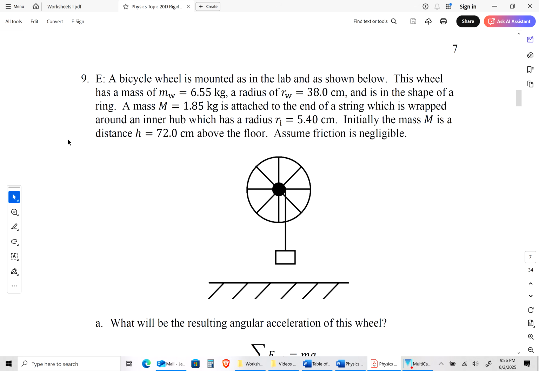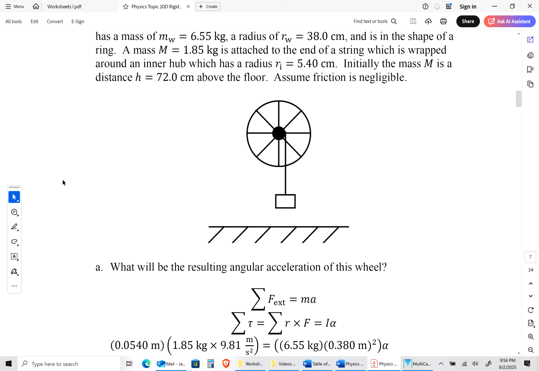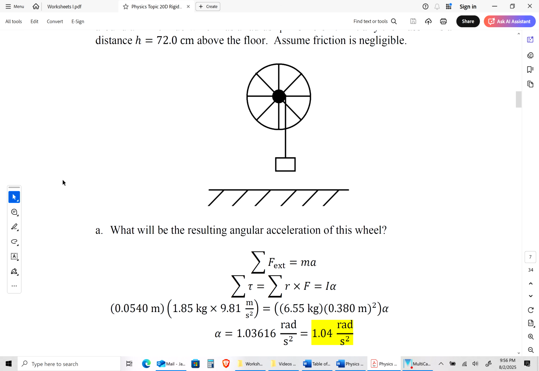Assume friction is negligible. Part A, what will be the resulting angular acceleration of this wheel? So sigma F equals ma becomes sigma torque equals I alpha. And they want us to solve for angular acceleration.